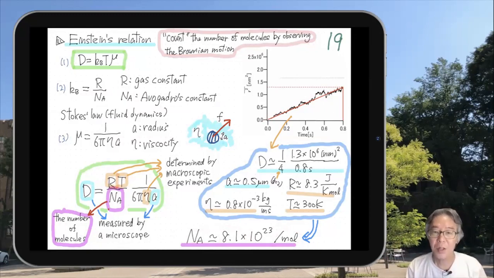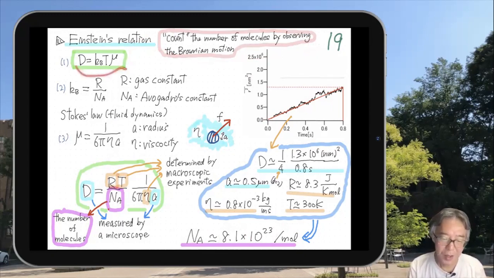Okay, so as I repeat, one of Einstein's main purposes in developing his theory was to count the number of molecules and finish this argument about the existence of molecules and atoms. And for this purpose, what he did was to open the door to a new theory of non-equilibrium statistical mechanics.